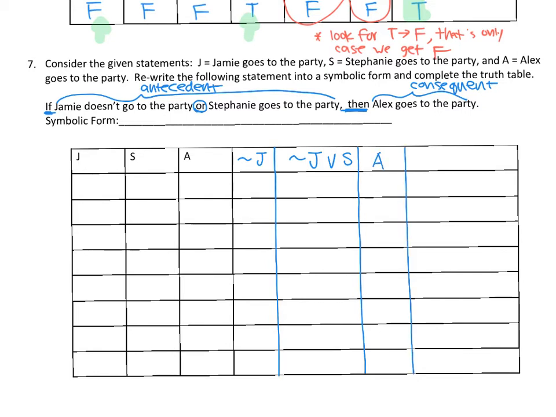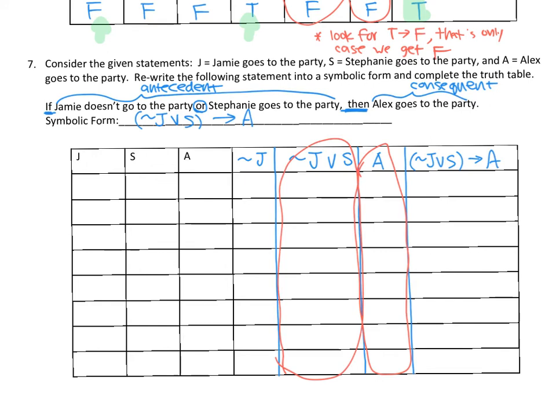And then the final answer column, which is not Jamie or Stephanie implies Alex, right? So if Jamie doesn't go or Stephanie goes to the party, then Alex goes to the party, right? So let me circle the antecedent column, and there's a consequent column.